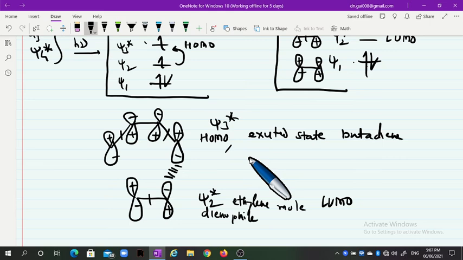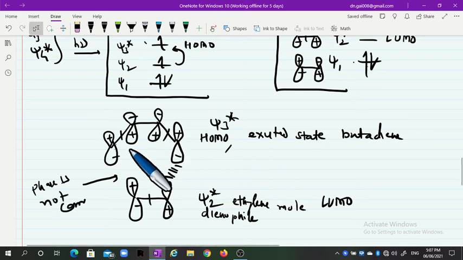There is a bonding interaction here, but this is not a bonding interaction. The phase is not correct: this negative and positive will not combine.